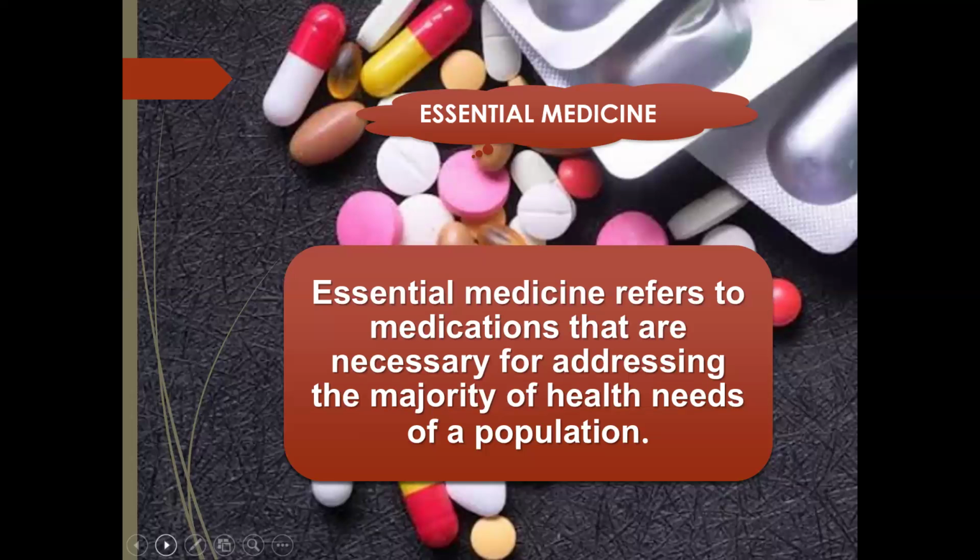So essential medicines refers to medications that are necessary for addressing the majority of health needs of the population. At times, if a particular community doesn't have this list of drugs, they might order drugs that are not necessary for addressing the majority of health needs in their own community. That is why essential medicine is very important and key to healthcare delivery.